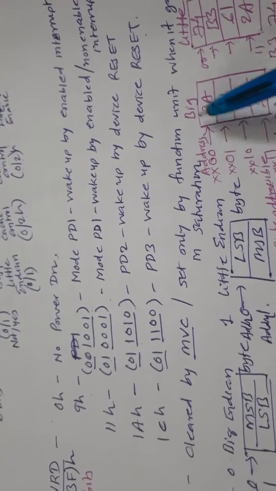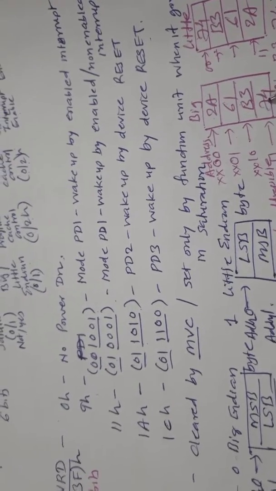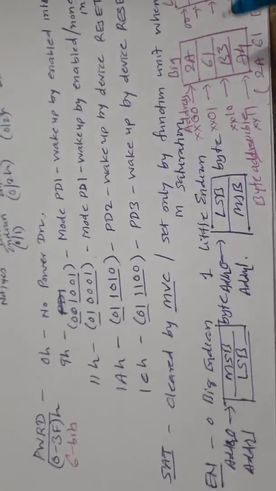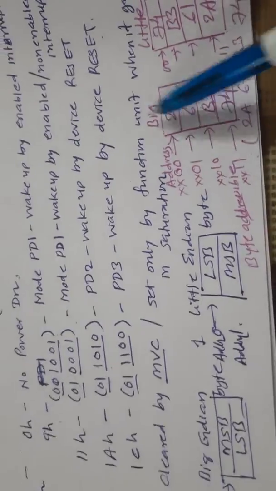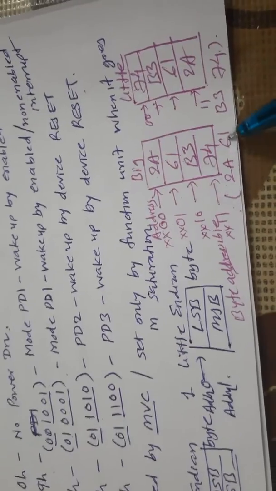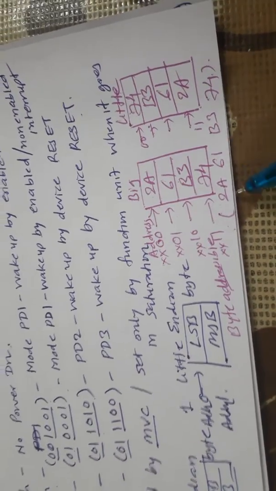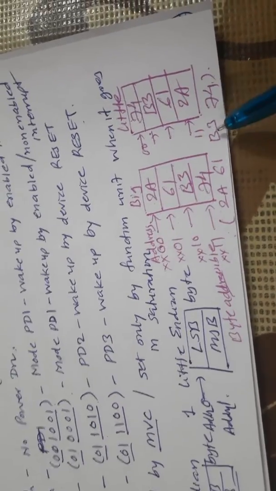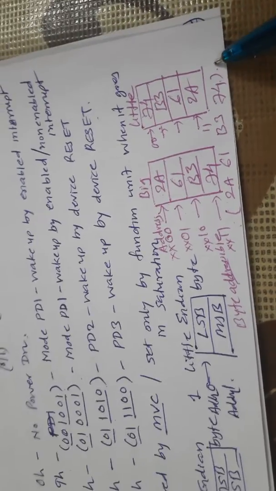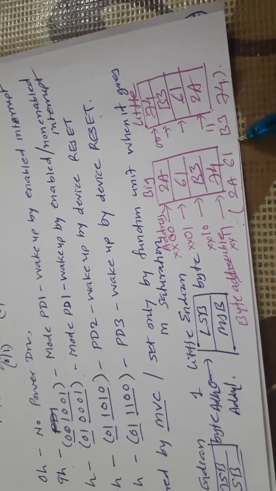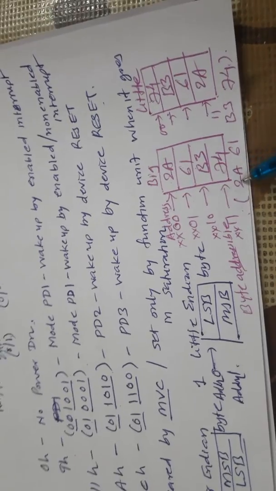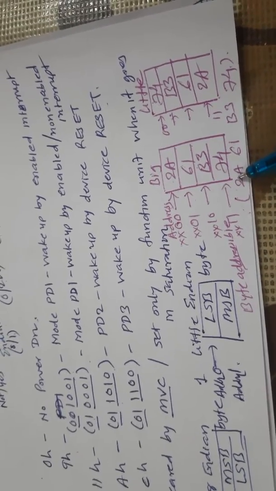Here we are taking the example of 32 bit data. So 8 and 8, altogether it has 32 bits. A typical 32 bit data example is 2A61B374, in hexadecimal values. 2A is the most significant byte over here.